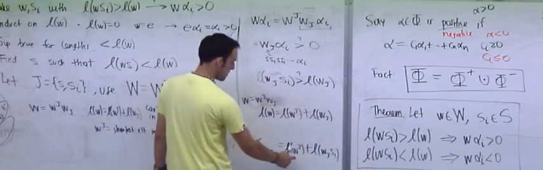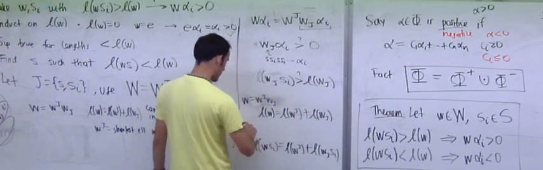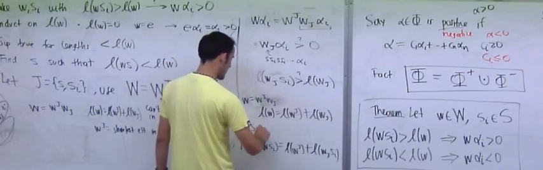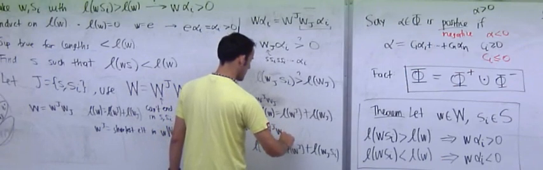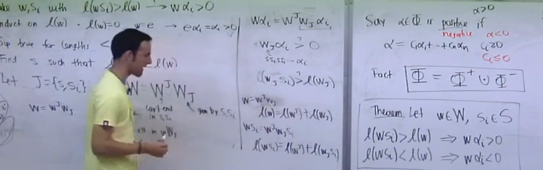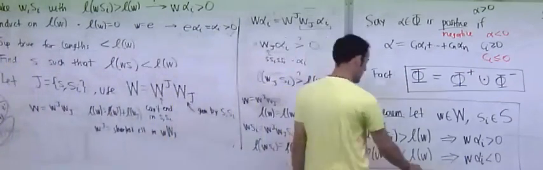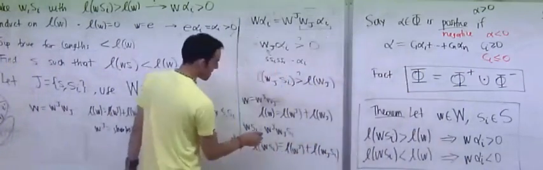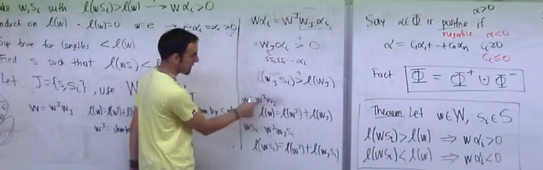Well, this is equal to the length of w s_i, because if I look at w s_i, then this is w super J, w sub J, s_i, right? And if you look at this expression, you're going to figure out that this guy still lives in w super J, because by definition it did.